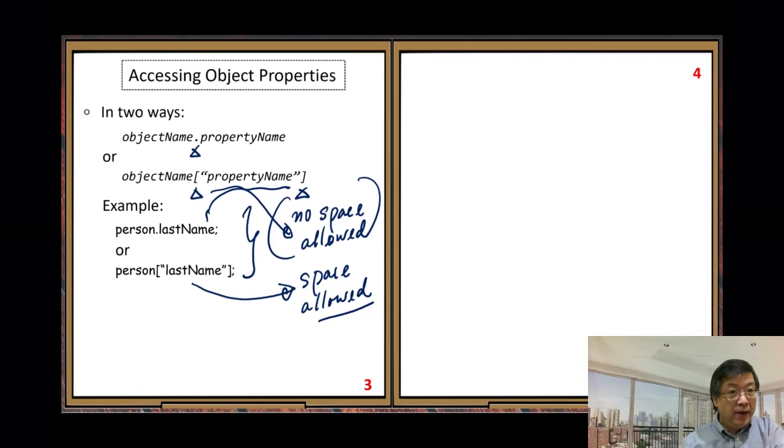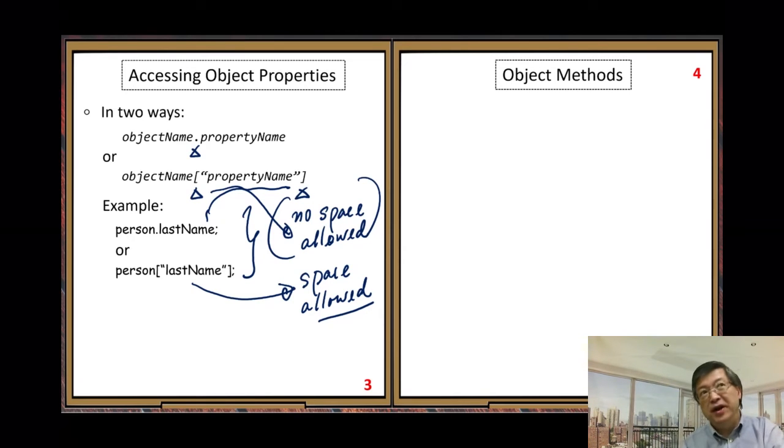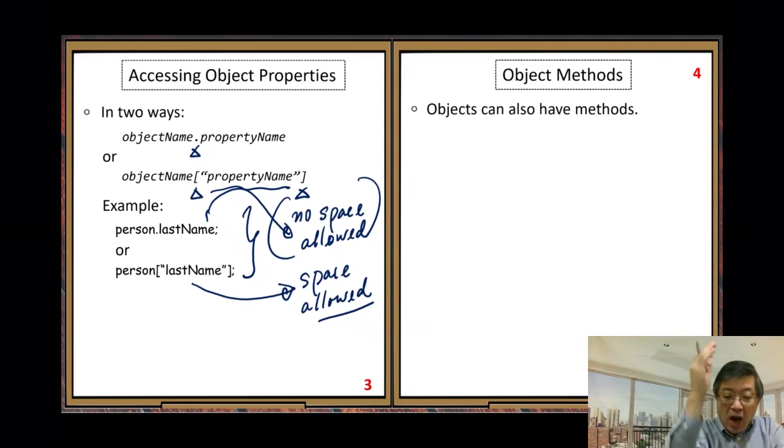All right, so then let's look at object methods, another special case that we can do inside a JavaScript object. So what's that? Objects can also have methods. That's different from what we thought before, right?